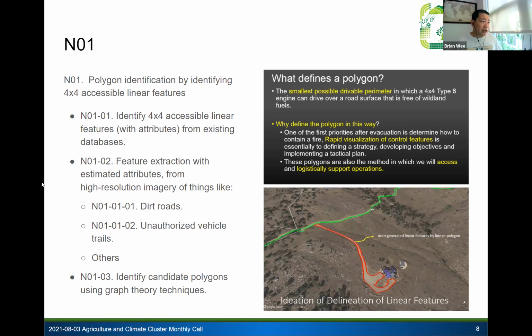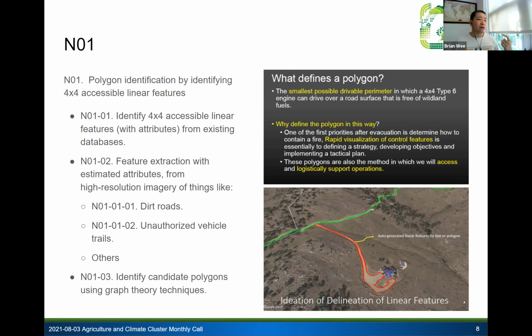You see them on the screen labeled N01-01, 01-02, and 01-03. These are one level down. So what I meant to communicate there is, in order to satisfy this need, N01 polygon identification, to identify the 4x4, just call it roads for now, the 4x4 accessible roads that you can drive vehicles around.